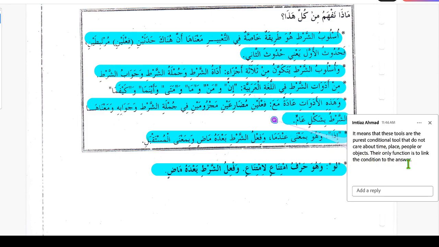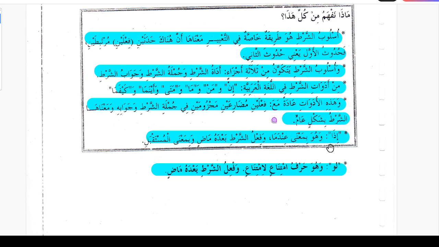Their only function is to link the condition to the answer.